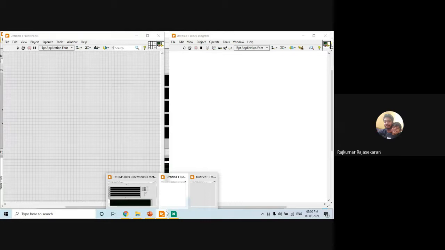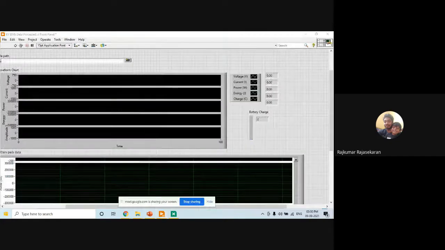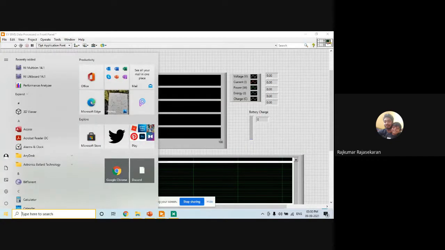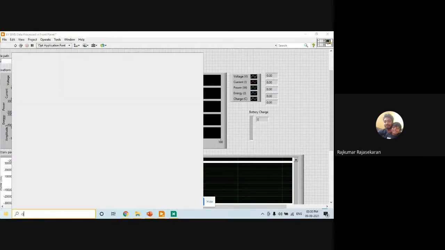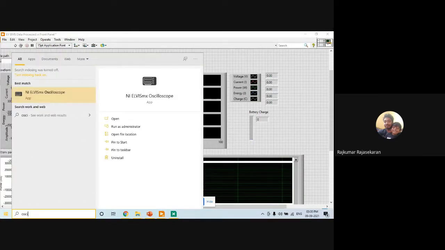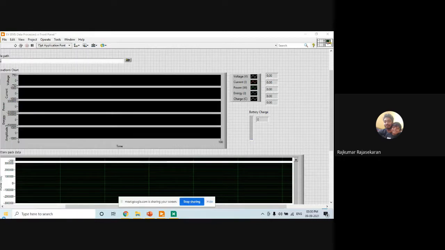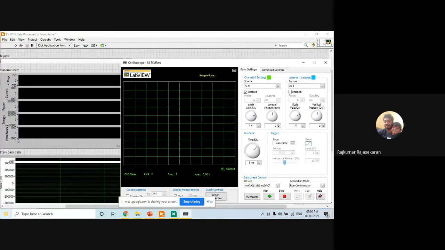We need not create our own application. There are some existing applications which emulate the appearance of the instruments. For example, if I want an oscilloscope, I just need to type oscilloscope once the appropriate software has been installed, and it's going to be available.